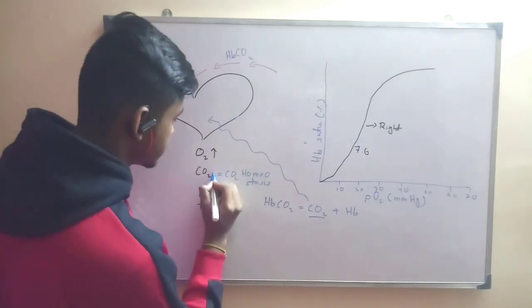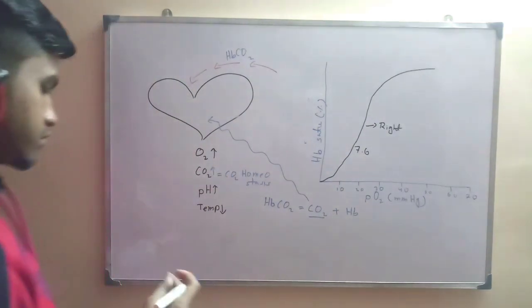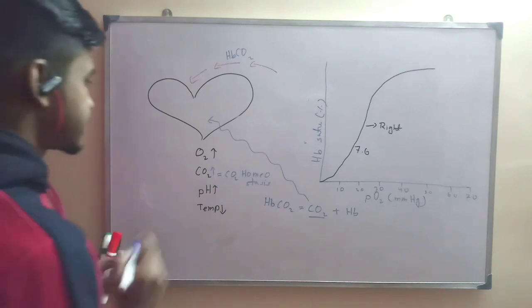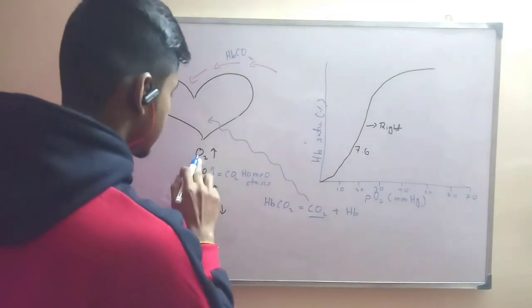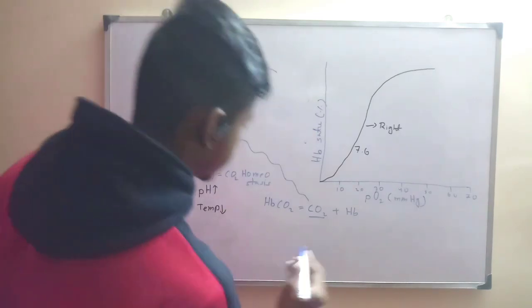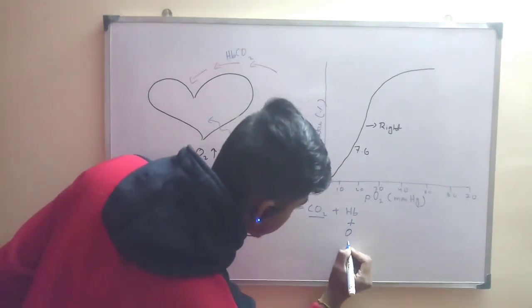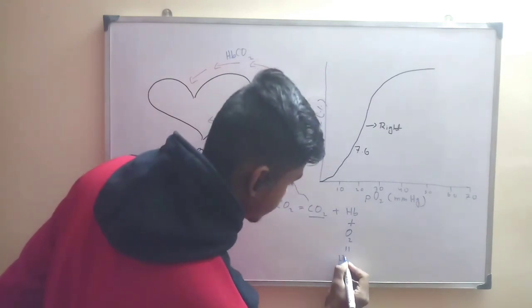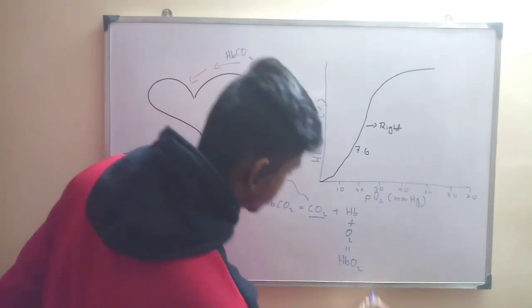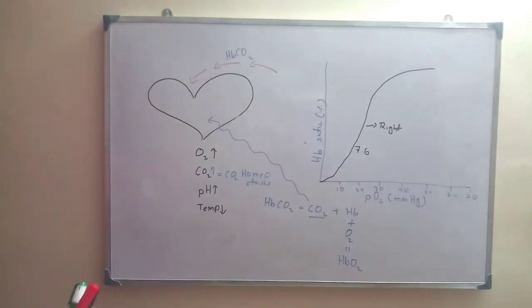So it will increase the level of CO2 to recover the low level of CO2, and the hemoglobin will react with the extra O2 present in the heart, and eventually it will form HbO2, that is the oxyhemoglobin.